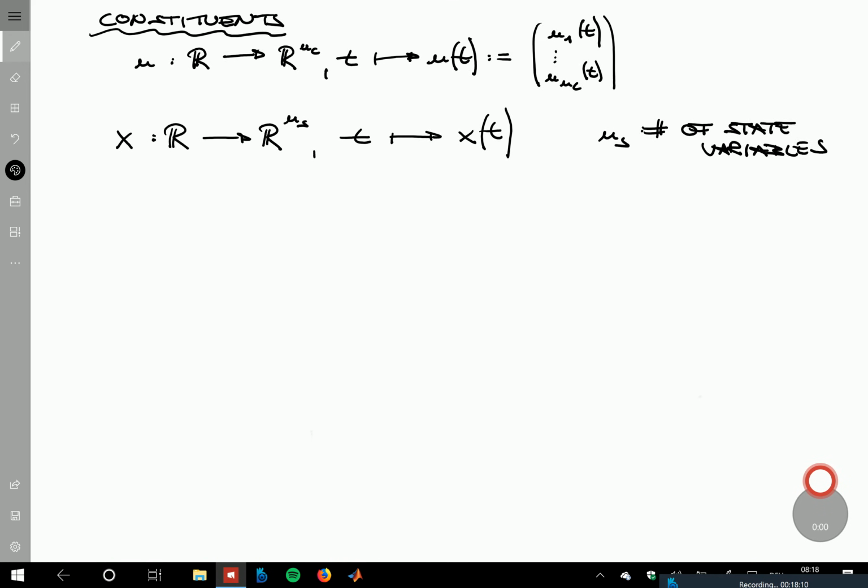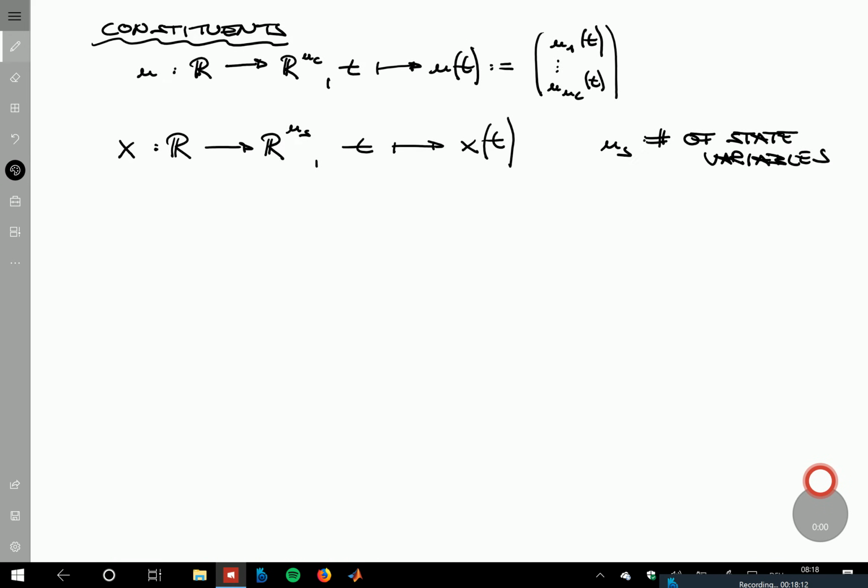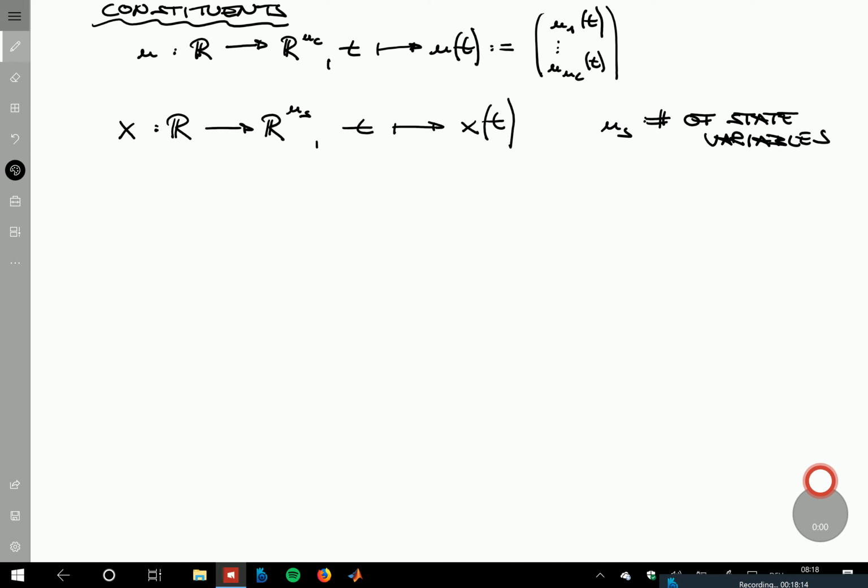What you then get, if you have an initial condition and you integrate the whole thing, is a multivariate ns dimensional time series, and for each point in time you get this state vector. The important thing is that this is a function of time all the time.